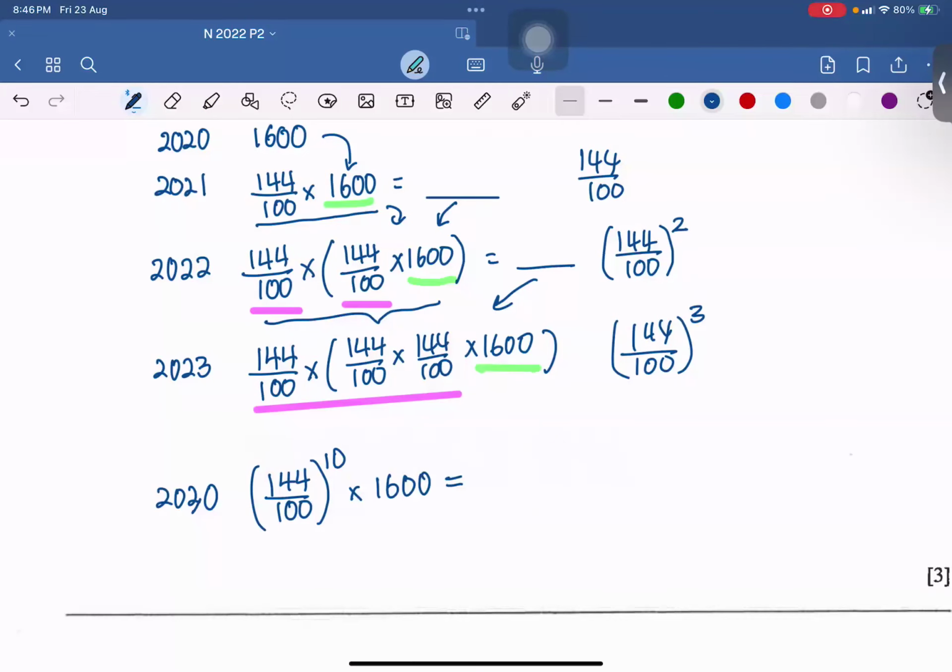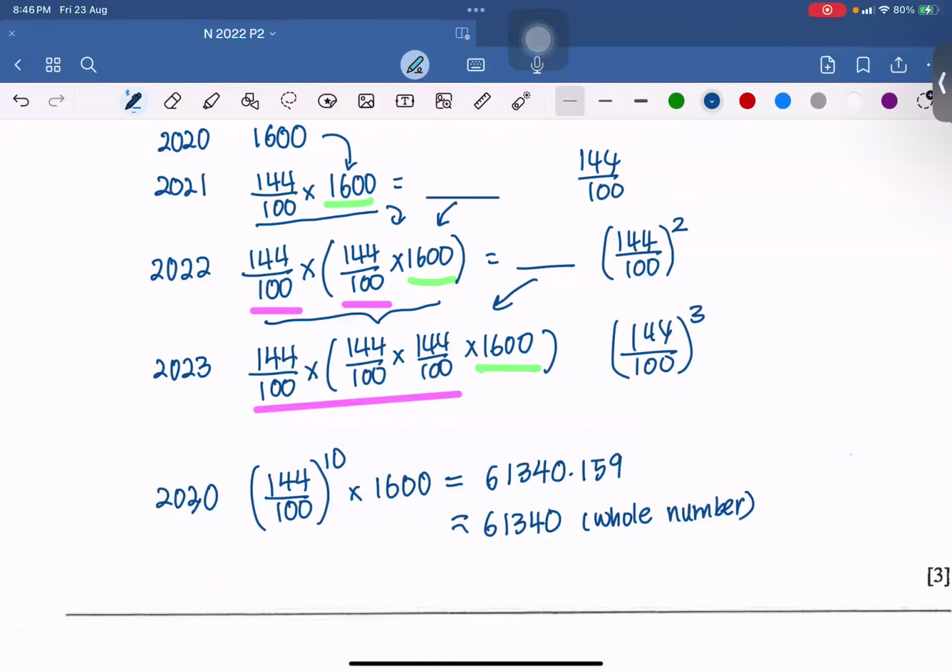Let's see, what is this answer? Power 10 times 1600. I got 61340.159. Okay, something lah. So estimated 61340, because a charging station needs to be in whole number. So for me, I put logically whole number first.